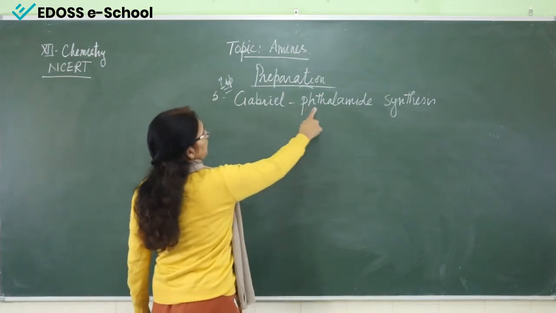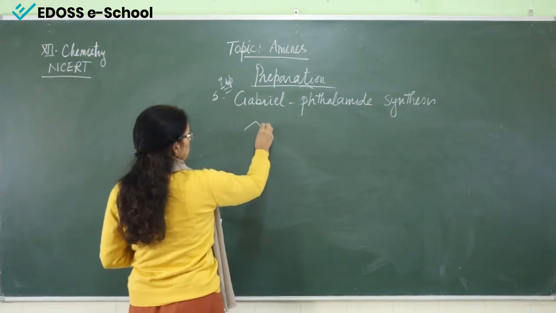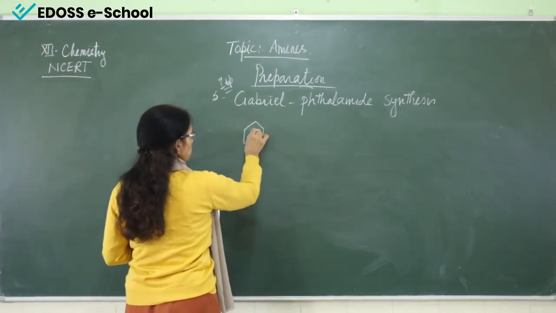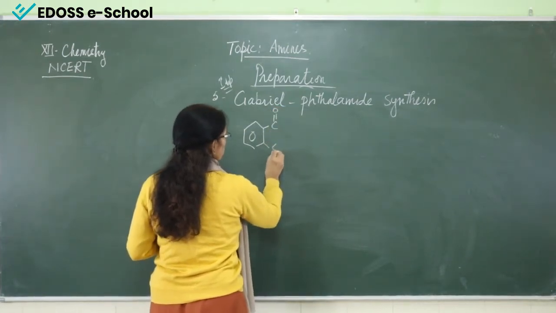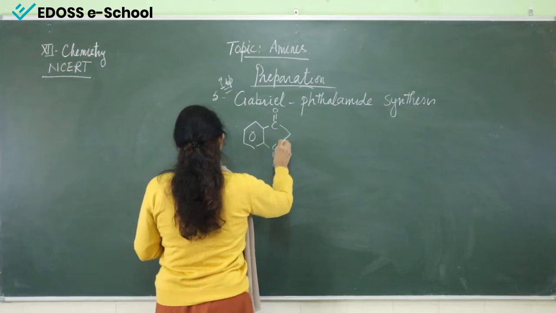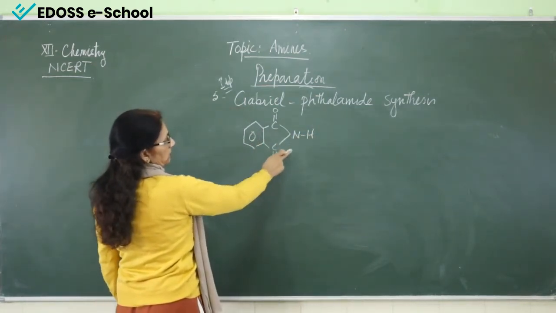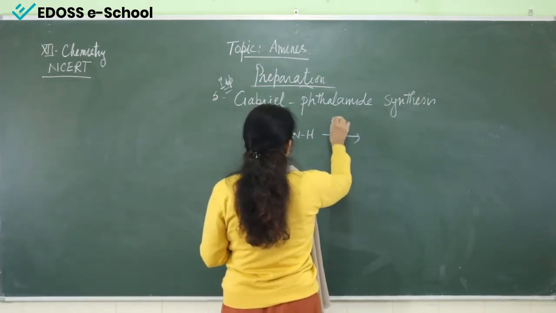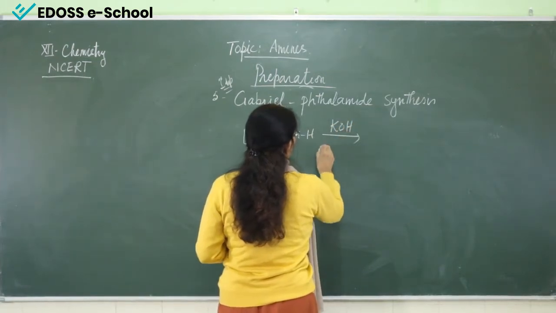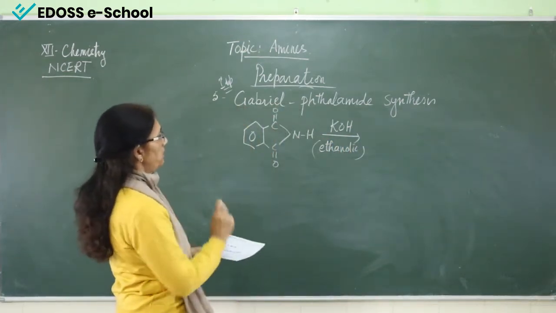So first of all, we will take phthalimide. So this is phthalimide, benzene ring, and 2 ketonic groups are attached here, and then they are attached with the amine group. So this is phthalimide. Now, in the presence of ethanolic KOH, what is happening here?